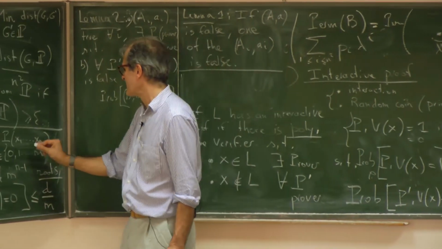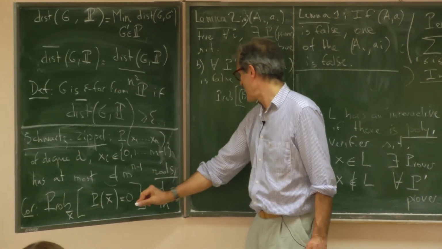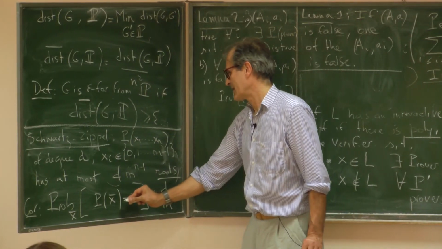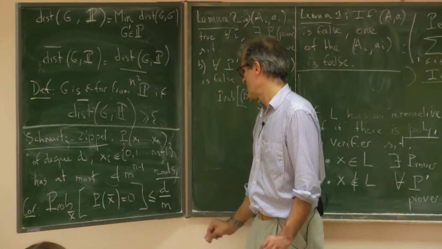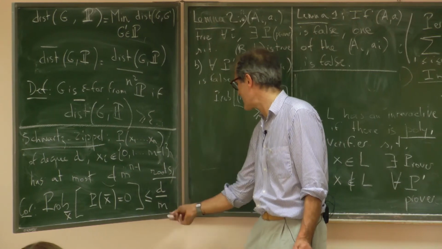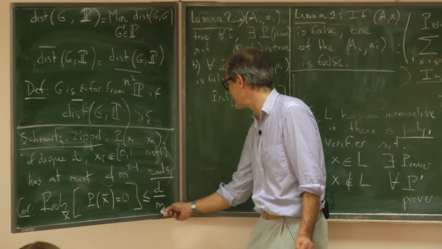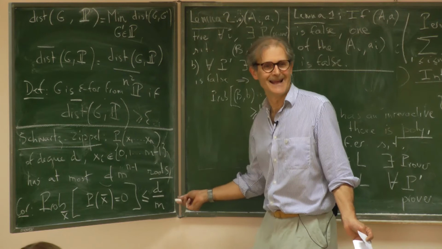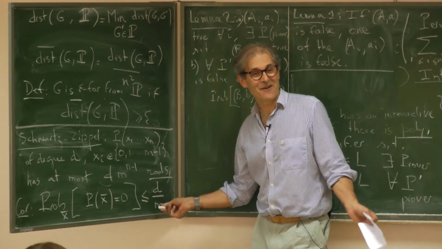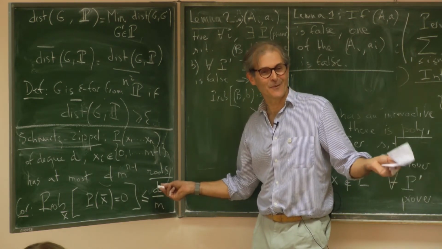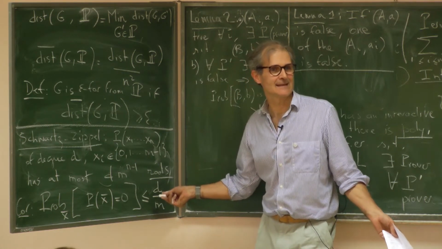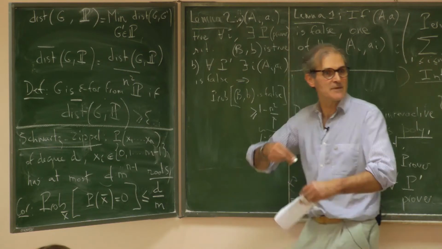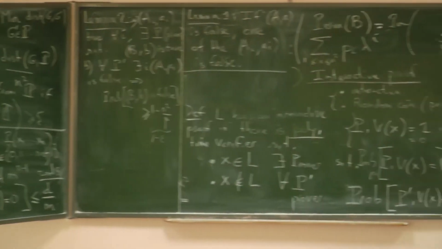So interestingly, this bound doesn't depend on n. If you have a polynomial with one variable, the probability that you hit the root is still less than d over m. m is very large, d is bounded, then you're in business.